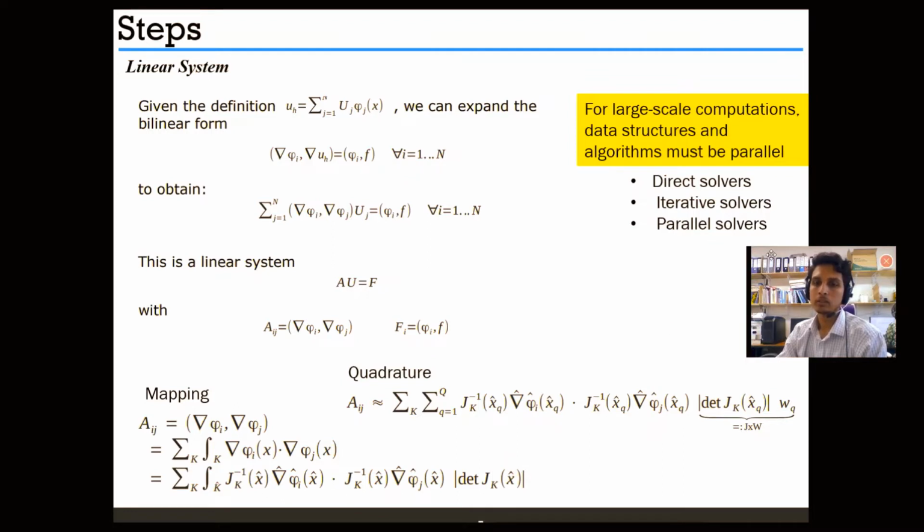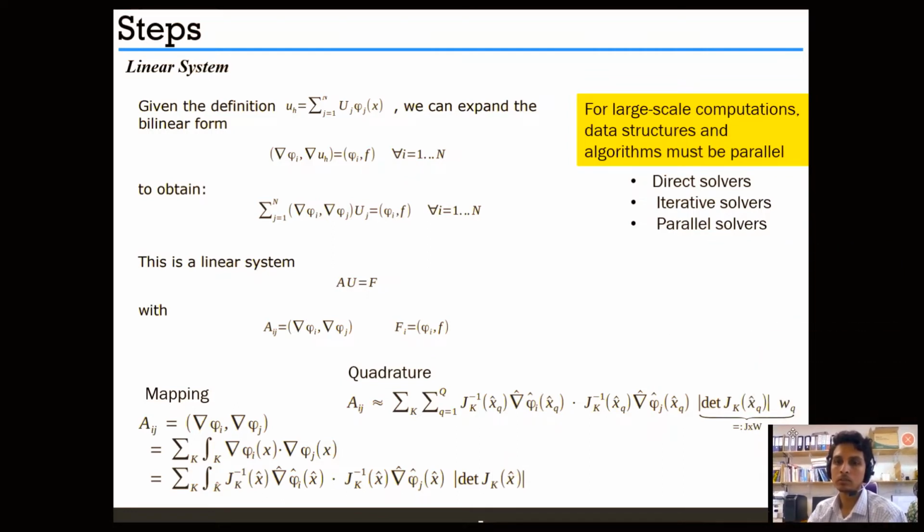There could be many types of solution here, because this is a large scale of computations for data structures or algorithms for data structures, and for that the algorithm must be parallel.